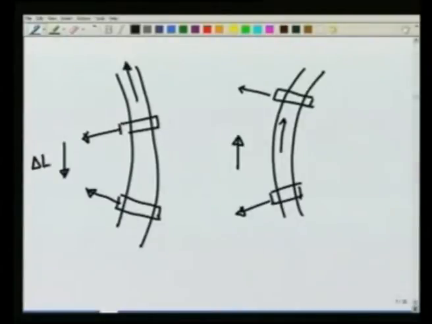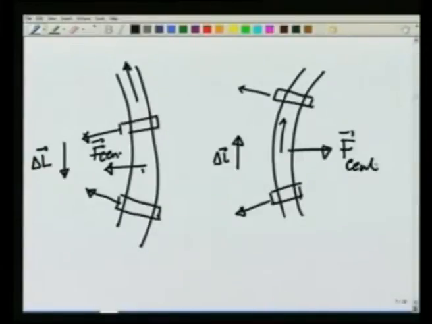This is delta L. On the other hand, when it's turning on this track, it requires a centripetal force in the direction to the left, and on this track it requires a centripetal force in the direction to the right, so that its center of mass moves properly on the track.